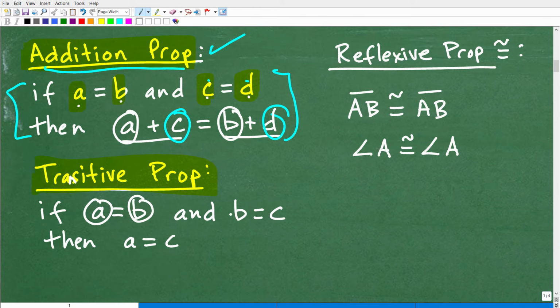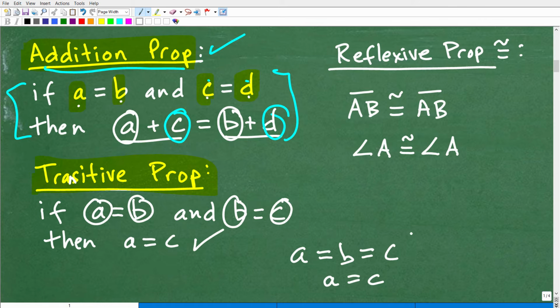You can almost think of it this way: A equals B and then B equals C. Therefore, A is equal to C. It's totally logical. Well, you've got to back this up. This right here is true because of something called the transitive property of algebra, okay?